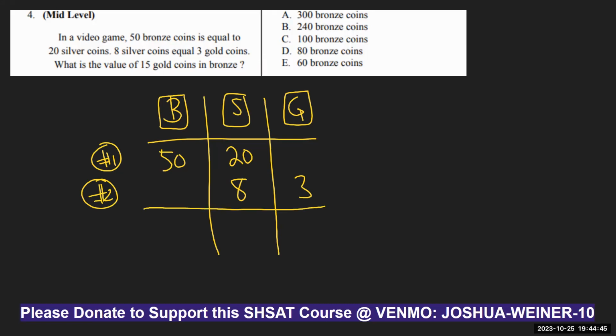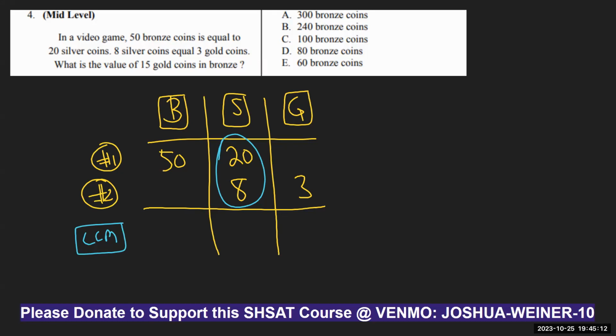Well, the thing we have to do here is look at the facts for the middle column, where we have 20 silver and 8 silver. That's not the same number. But we're going to use the least common multiple of that column because that's a fact for both statements. Looking at the number 20, well, 20 is not on the 8 times table, but 20 times 2 is 40.